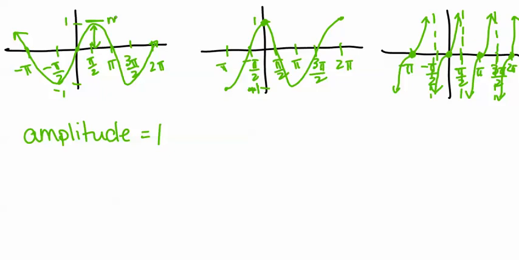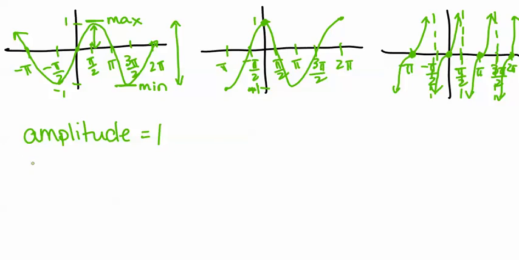Or if you take the maximum and the minimum of the graph, it's half that distance. Between the max and a min, it's a total distance of 2 units, going from -1 to 1. And the amplitude is half that for all of these. Actually, not really for tan, because tan keeps going.